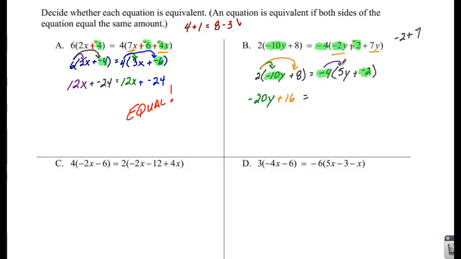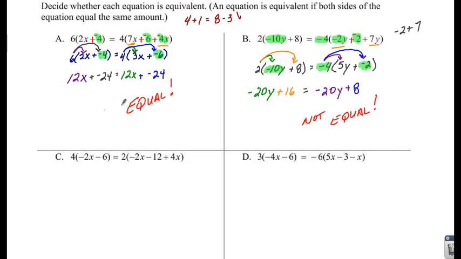Negative 4 times 5y, negative 20y, plus, everything's going to be addition, plus negative 4 times negative 2, negative times negative, positive. All right, so we look and compare. Negative 20y plus 16, negative 20y plus 8. These are not equal. We know that, not equal.